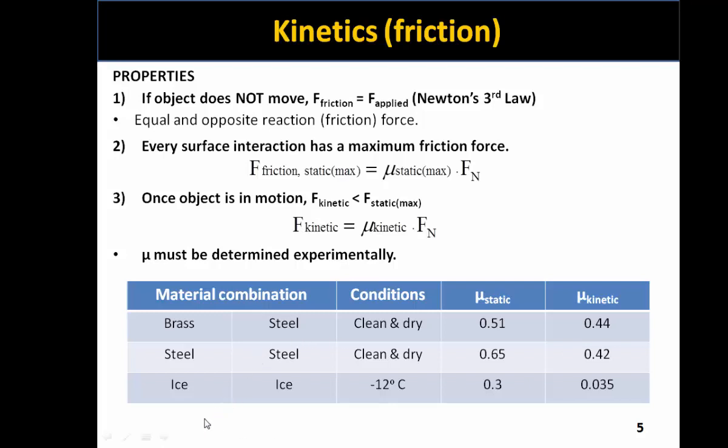One last example here. If we have ice sliding on ice, I have a slight typo in the notes that I provided you, and so it's important to know that we're talking about a condition of negative 12 degrees Celsius.